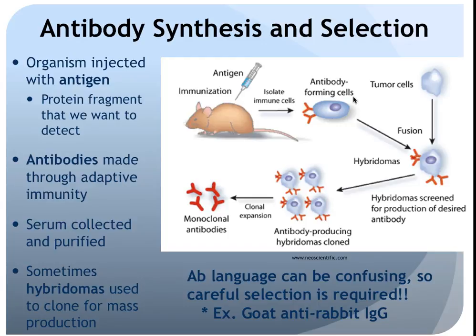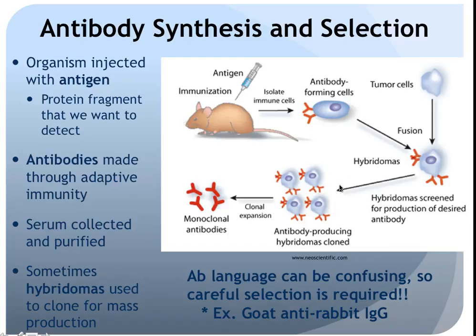So by fusing these antibody-producing cells with the tumor cells, we create cells that divide and divide and keep producing these antibodies. Then we individually select out individual clones of these.